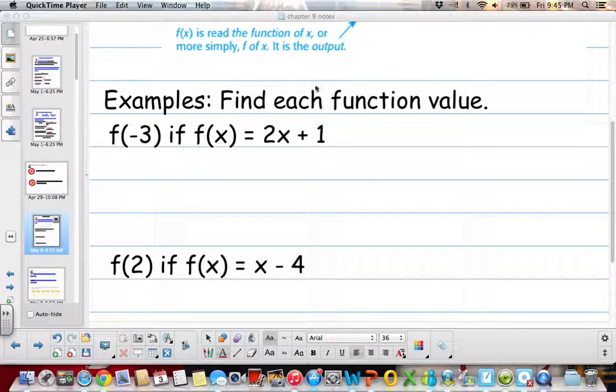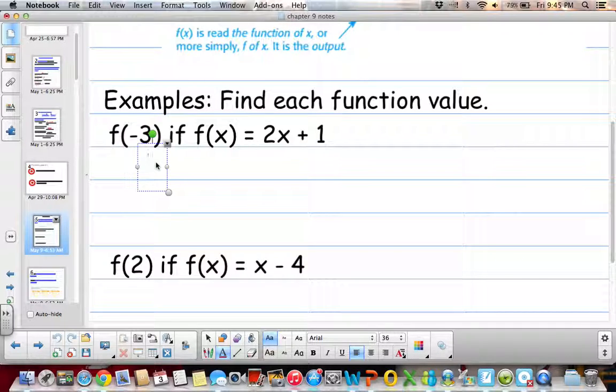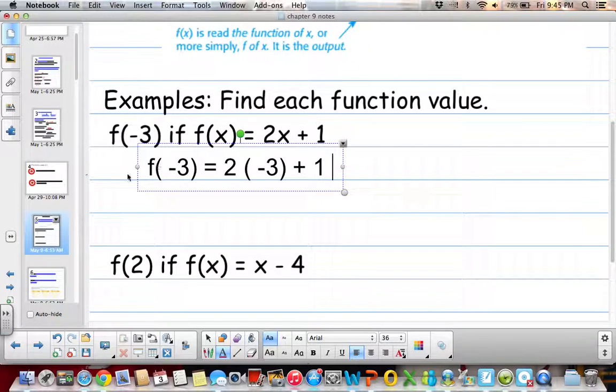So f of negative 3 equals 2 times negative 3 plus 1. And then we would solve. 2 times negative 3 is negative 6, plus 1 equals negative 5. So f of negative 3 equals negative 5.